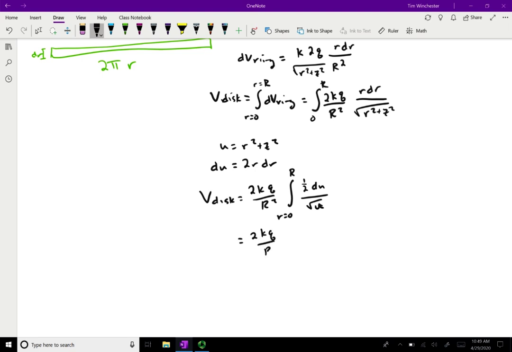And so integrating this, what we end up with is 2kq over R squared square root of u. Okay, that works out really nicely. Again, evaluated from r equals 0 to R. And so I'm going to plug my expression for u back in.